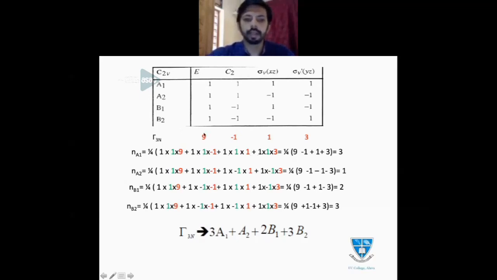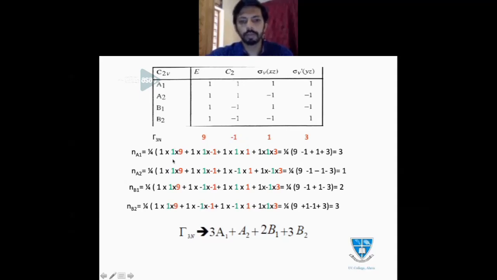Okay, so take the summation of GC into the character of the irreducible representation into the character of the reducible representation. Again we can see that GC is 1. There is the character of the reducible representation into the character of the irreducible representation under operation C2.